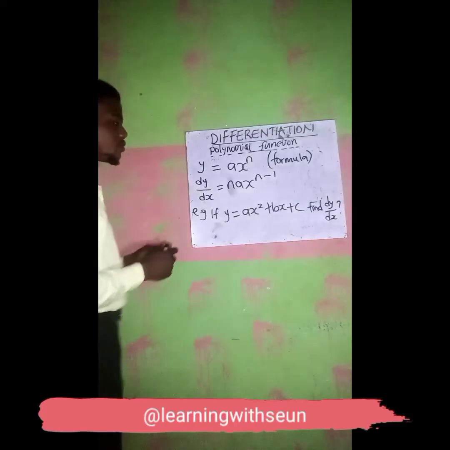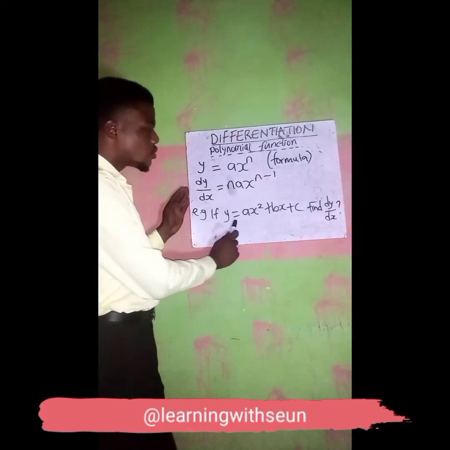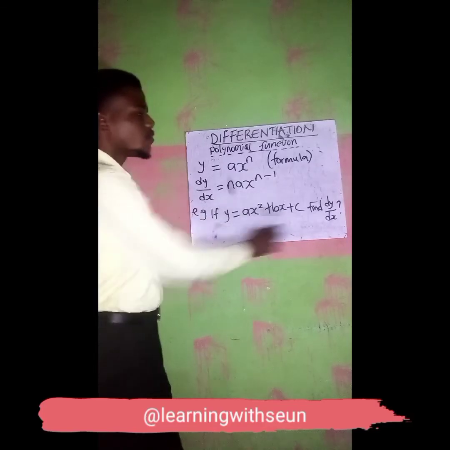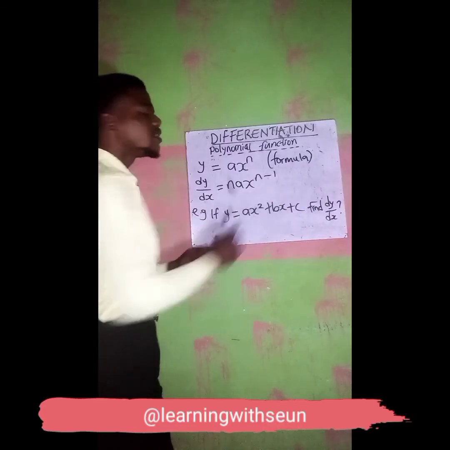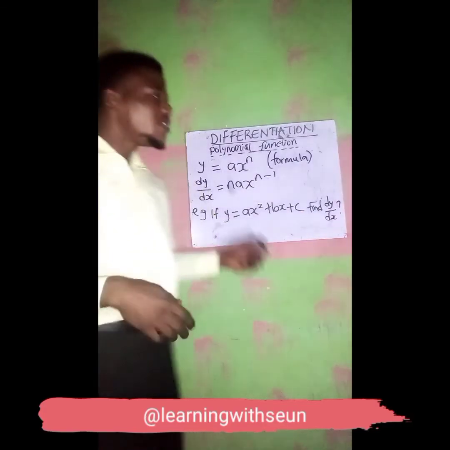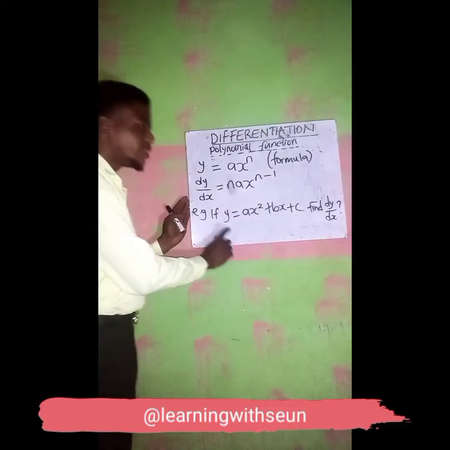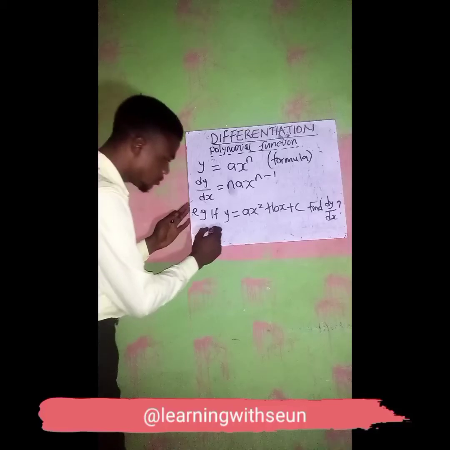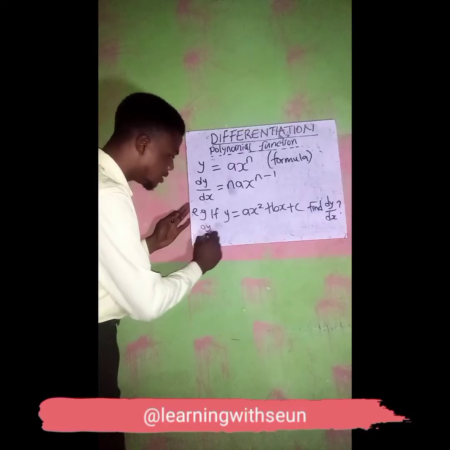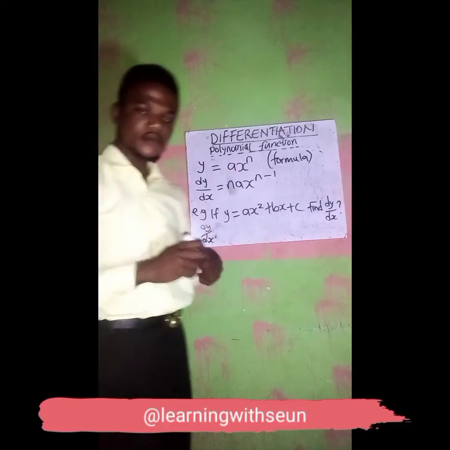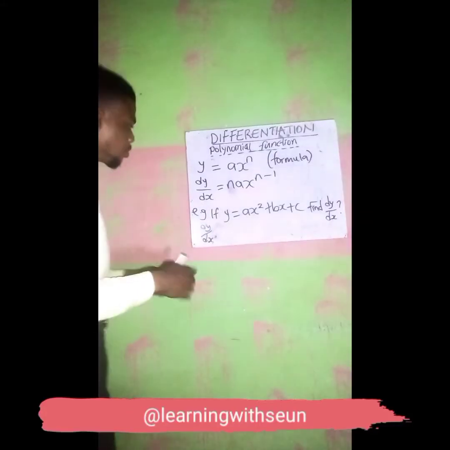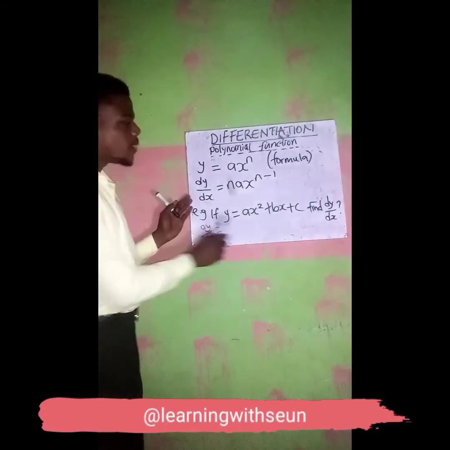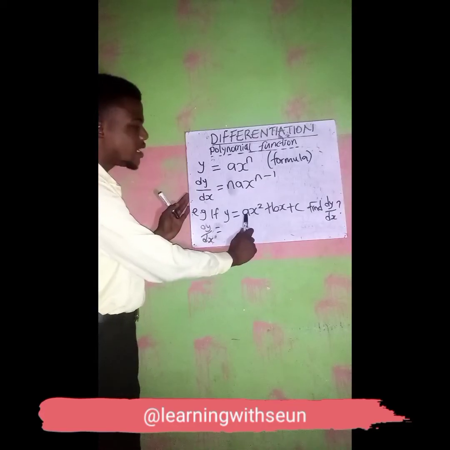Now, for example, if y equals ax squared plus bx plus c, find dy over dx. In this case, you are differentiating y with respect to x. So dy over dx is going to be equal to, now multiply this 2 by this a.